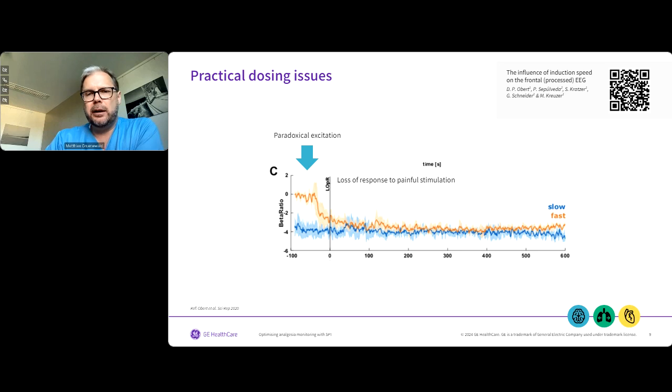We have a regular induction of propofol, and we see a paradoxical excitation during the induction phase of anesthesia. This could be totally avoided if we do a slow induction, in this case a very slow induction taking a couple of minutes. However, we see the beta ratio is totally different, therefore the physiological effects are different.